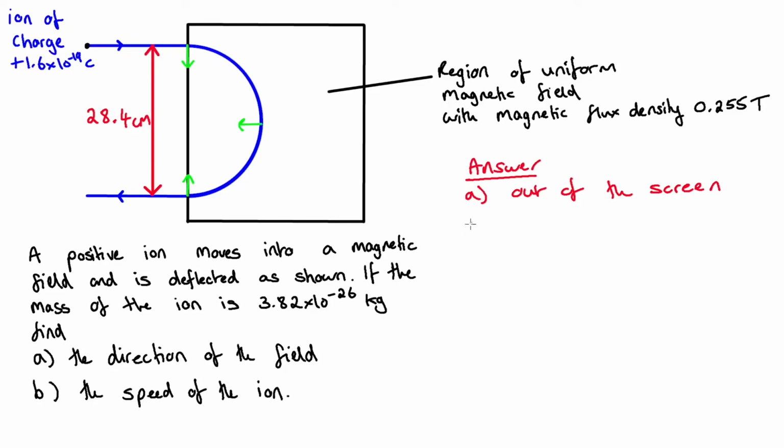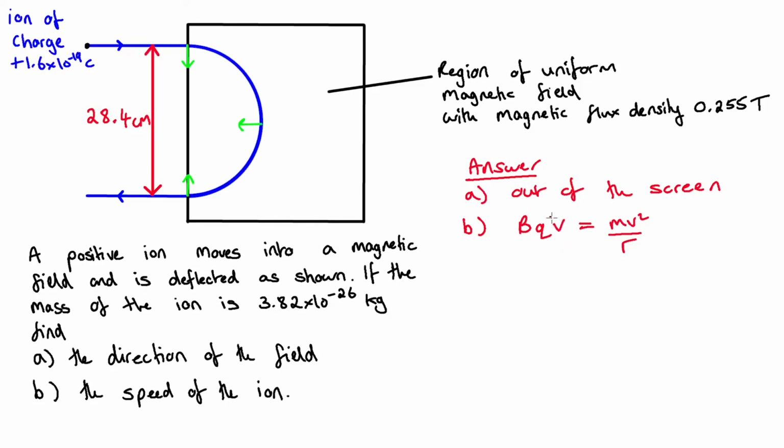What about the speed of the ion? Well, we know that in the magnetic field it is experiencing a force, and the magnitude of that force is given by BQV. The magnetic field and the direction of travel are at right angles to one another, and that force is providing the resultant force required for circular motion, which we know is also given by mv squared over r.